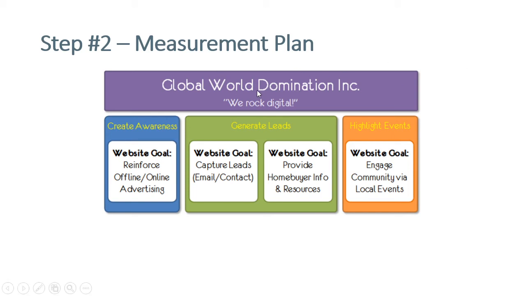So for example, if we know that the goal is to generate leads, what I would do is write the list of all the possible places where that lead can be captured. So let's say a registration form, a pop-up, an embedded form, or something else.